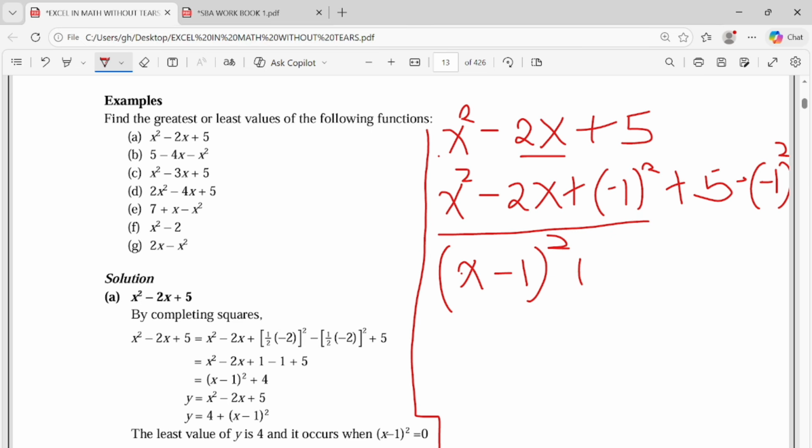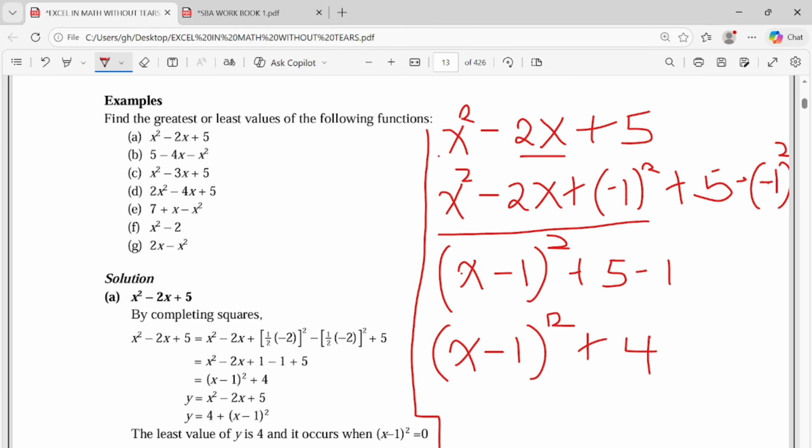So this will be 5 plus 5, and then gathering, negative 1 squared is 1, so this will be minus 1, and then you come up with x minus 1, all squared, plus 4. So you come up with that nice expression.